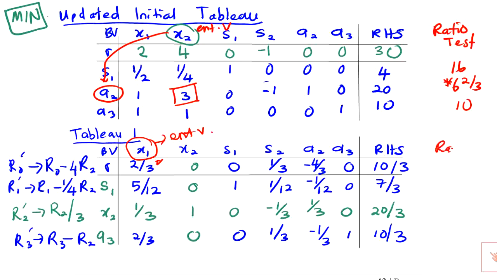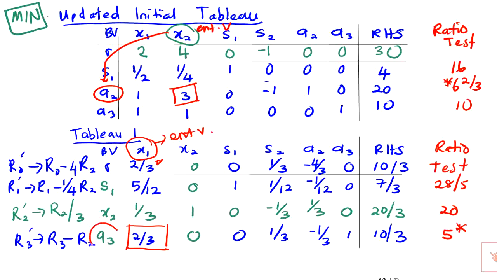And then by using the ratio test, we get the ratios here: 28 over 5, 20, and 5. So the smallest ratio is 5. So the pivot element is 2 over 3.